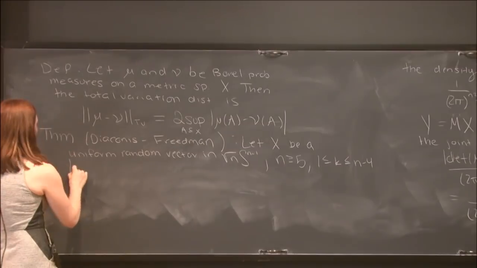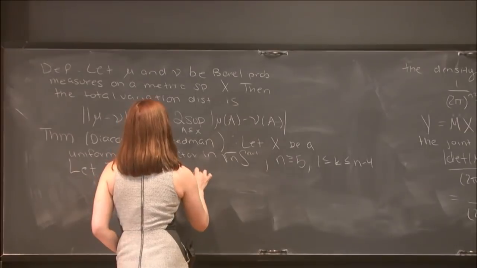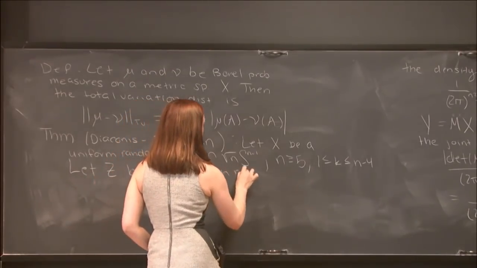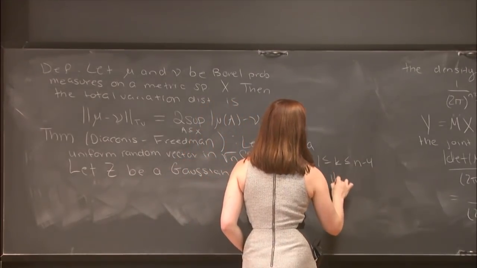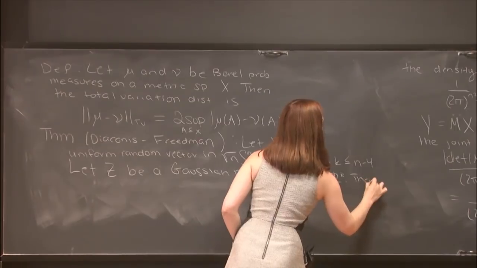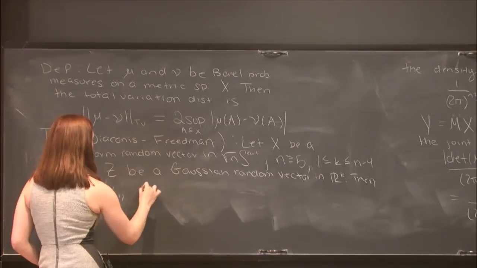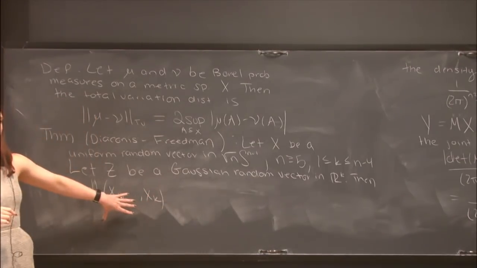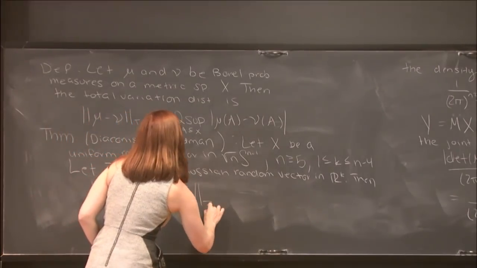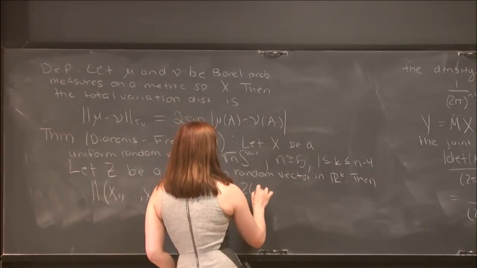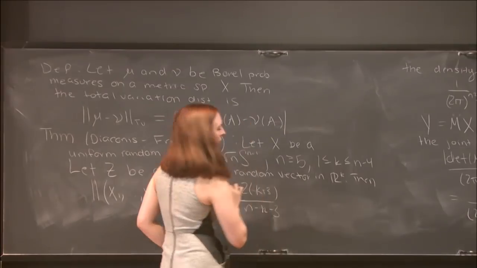I'll also let Z be a standard Gaussian random vector in R^k. Then the total variation distance between the distribution of the first k coordinates of my random point on the sphere X and my Gaussian vector Z is less than or equal to 2 times (k plus 3) over (n minus k minus 3).